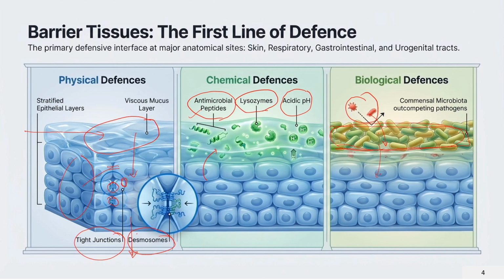Rather, they compete with each other so that the pathogens are not allowed inside, and therefore it protects in a different way altogether. So these are the first line of defense, where the physical, chemical and biological systems come into the picture and protect the body cavity in order to avoid pathogen entry into the system.